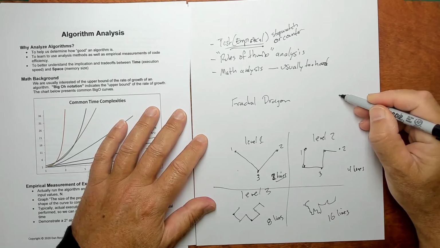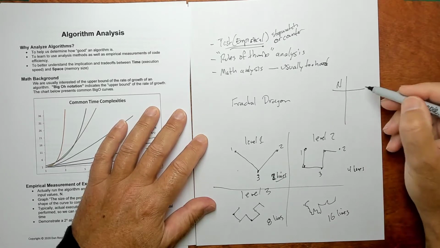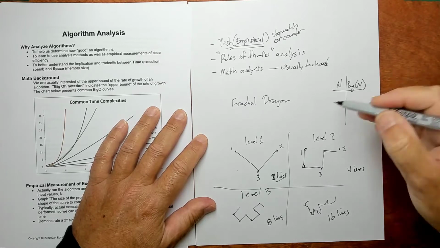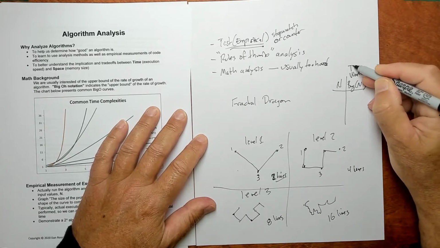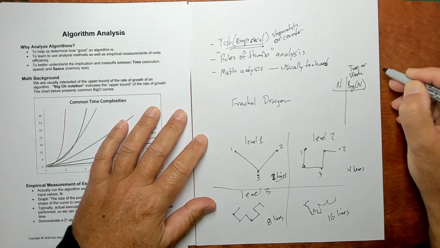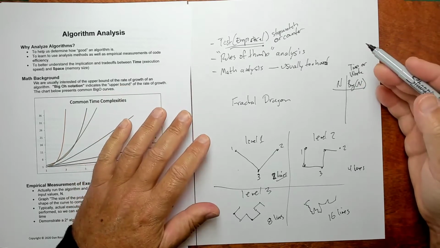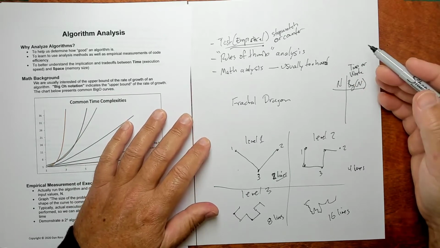If you have, say, n is the size of the problem and the big O of n. So in this case, big O of n is the work being done. It's the time or the work. It's how it's associated with how long the algorithm takes to execute.